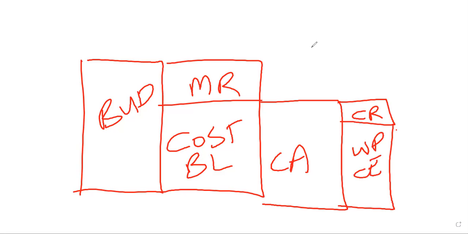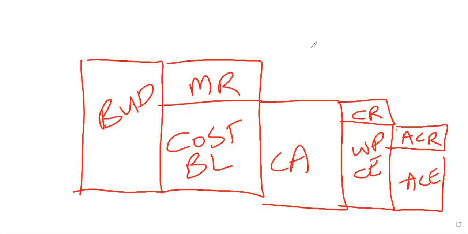And then your work package cost estimates have an activity contingency reserve and the activity cost estimates. This is on page 255, so you do need to know how this stuff pans into the picture.